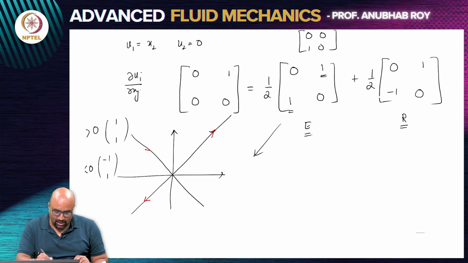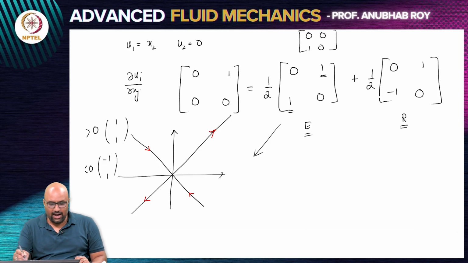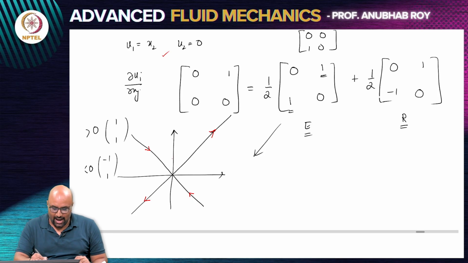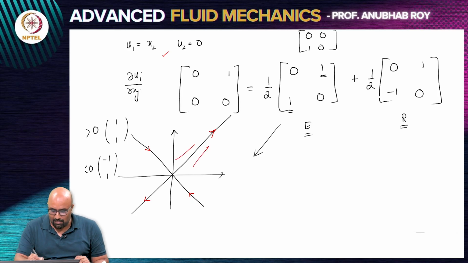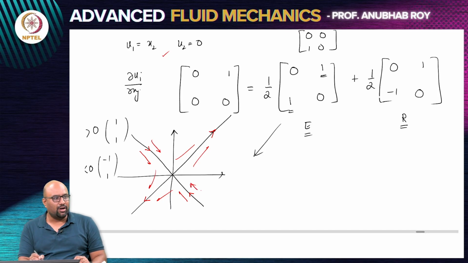This is a direction along which compression is going on. So, the rate of strain tensor associated with this velocity field will have fluid elements being drawn and stretched along a 45 degree axis and being pulled inside along a 145 degree axis.